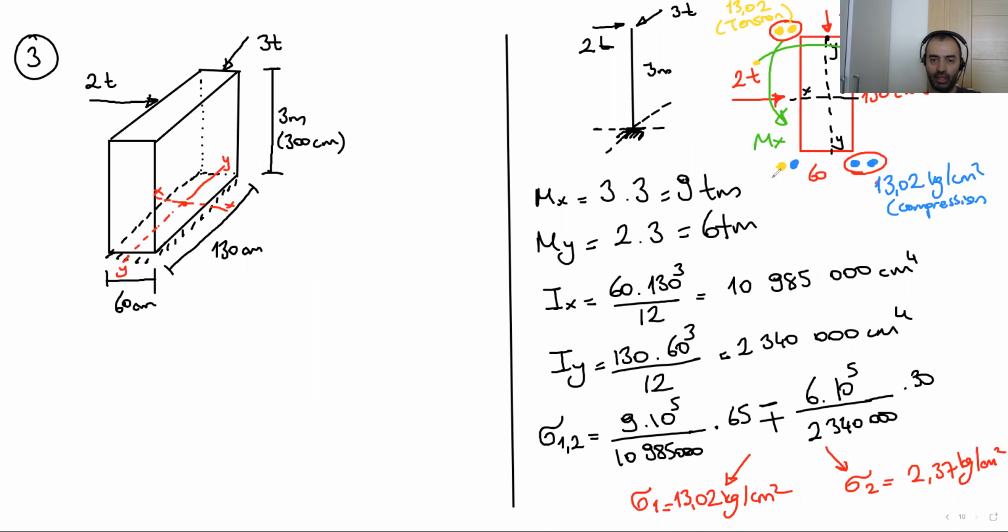Because since we have tension and compression, these points reduce the magnitude of the moment. That's why we are going to have 2.37 here, 2.37 here. These are the locations of the stresses.